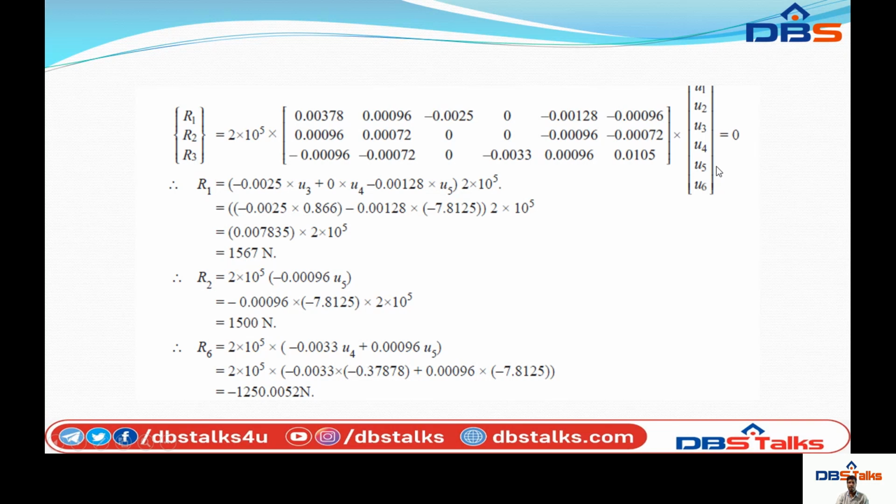In this also, I'm not taking the U1, U2 and U6 values. I'm only considering U3, U4, U5 for calculating and obtaining the reaction forces for the nodes U1, U2 and U6. R6 will be minus 1250.0052 Newton.